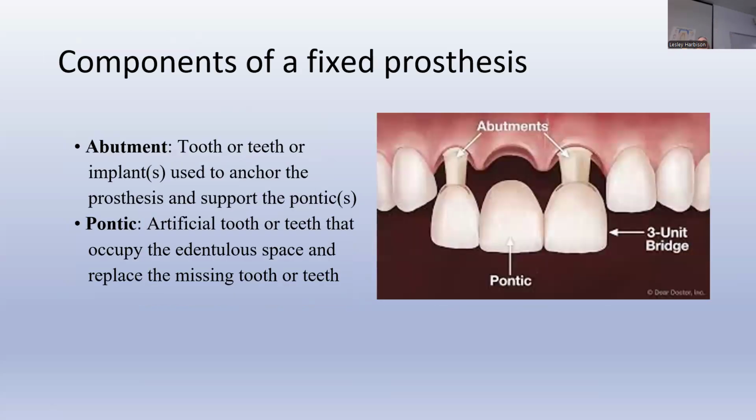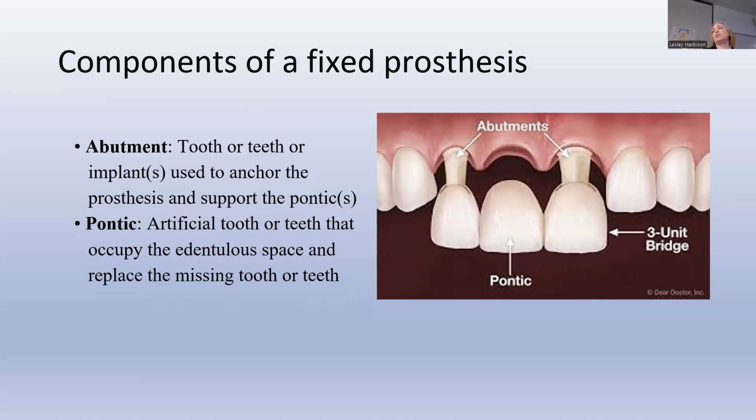Just to remind you of some terms. We have the abutments, which are the teeth that are usually the ones that anchor something, like anchor a bridge. And then we have the pontic, which is the artificial tooth. There's no root on a pontic. The abutments are the natural teeth that are usually cut down for the bridge or whatever.